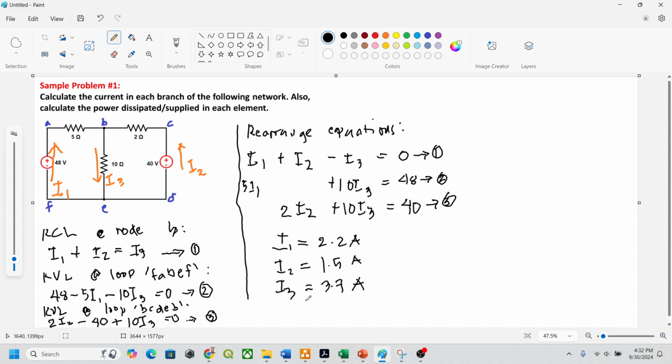Okay, but this time I would like to tell you that we already have done this part. We have calculated the branch currents of this network. We already have I1, I2, and I3.